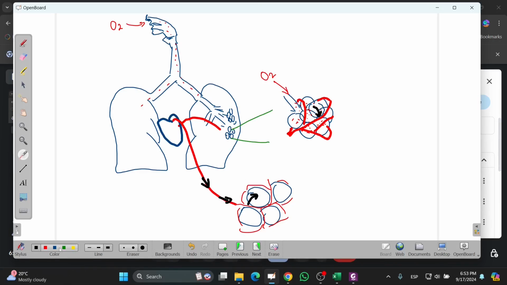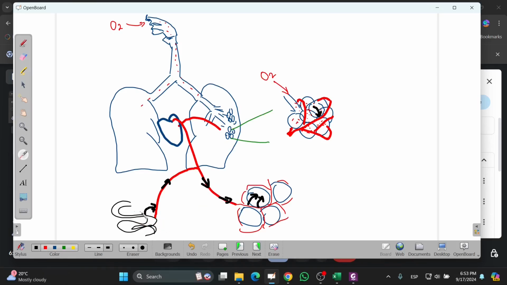Guys, glucose diffuses from the intestines, from the small intestines, into your blood. And then the blood will transport it to your cells. When it reaches the cells, it will diffuse into the cells. See that? So glucose also diffuses twice.